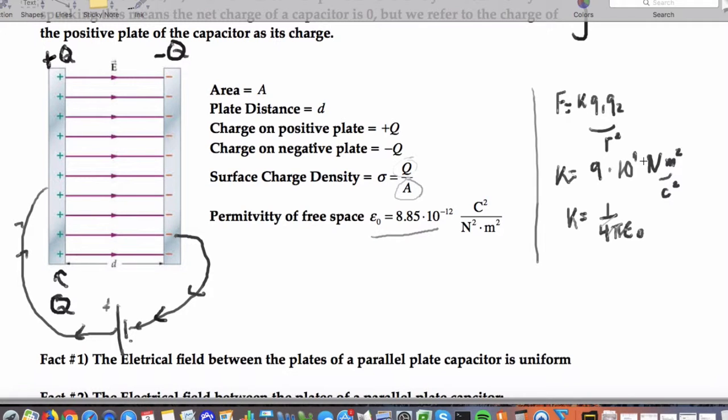Once again, why we do this goes way back into the history of the units used in E&M. Sadly, E&M units are very, very annoying. So I just want you to note that there is a new constant that we introduced that has to do with how electricity behaves, and that's this constant right here.